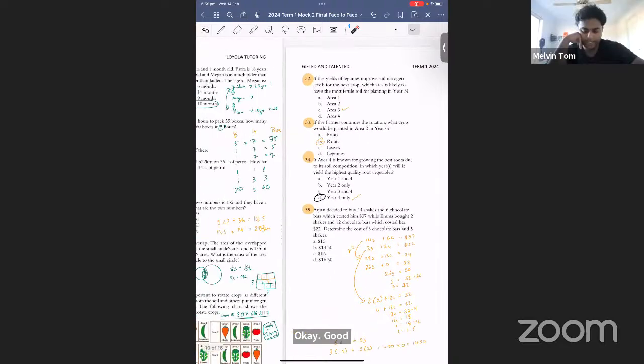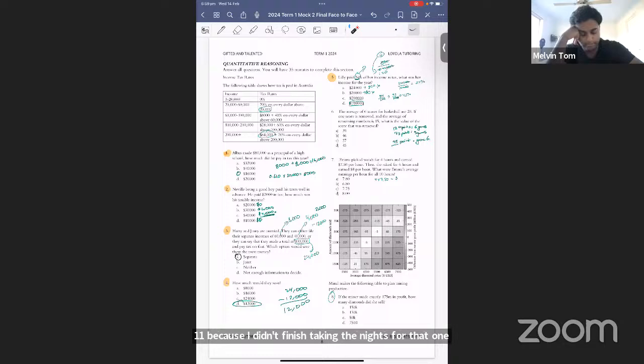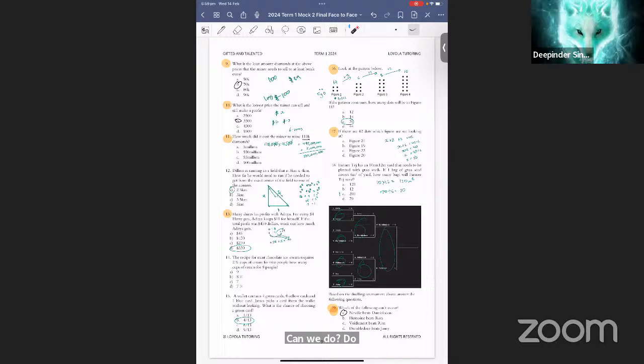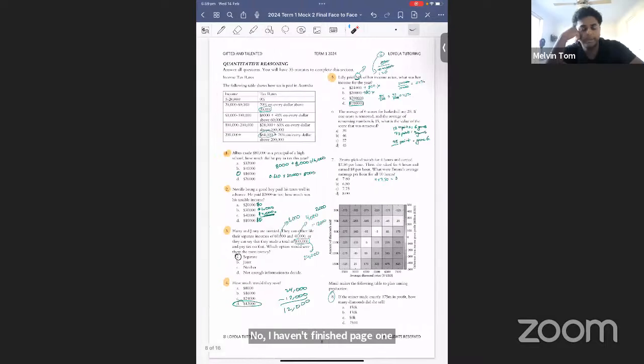All right. I'll let you guys take a screenshot for the interest of time. So here's page 1. Melvin, I haven't finished page 1. All right. Here is page 1. Guys, just take a screenshot of it.